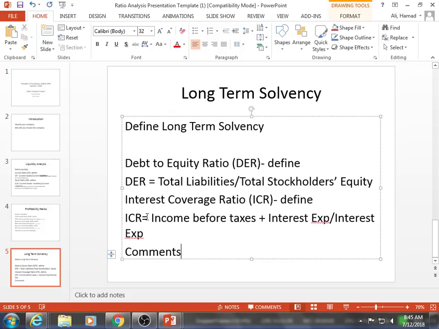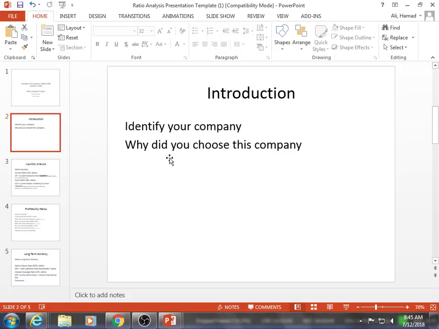Let's go back to liquidity ratios, which is the second slide.